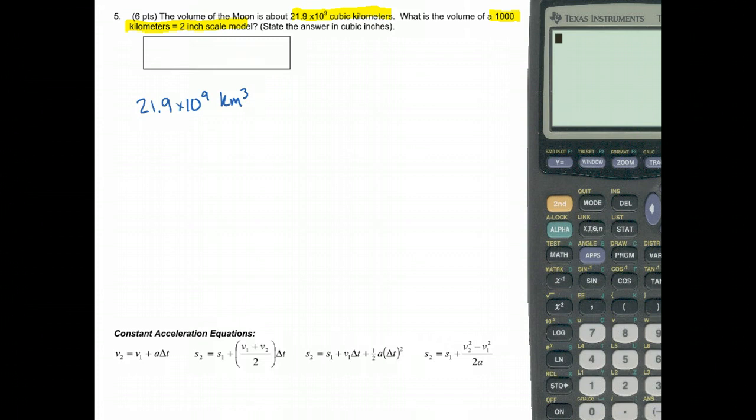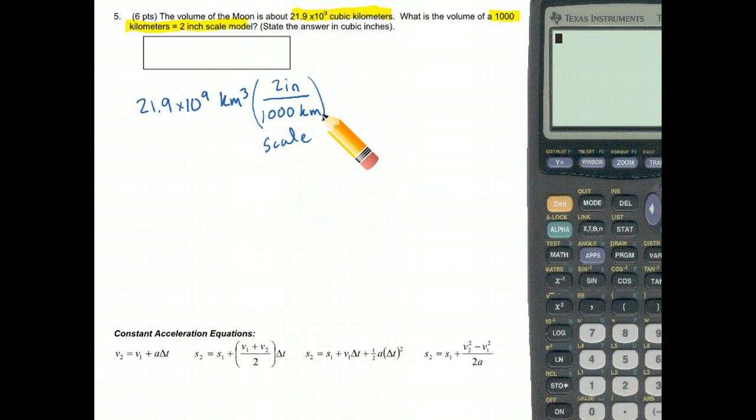And my scale factor is for every 1,000 kilometers, I have 2 inches. So there's my scale factor. Obviously 1,000 kilometers is not equal to 2 inches, but this is our scaling factor. So we can write it like that.